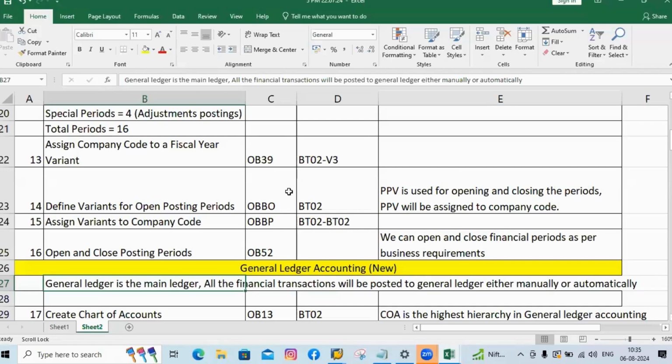Okay. What are cost centers? Cost centers are cost objects.